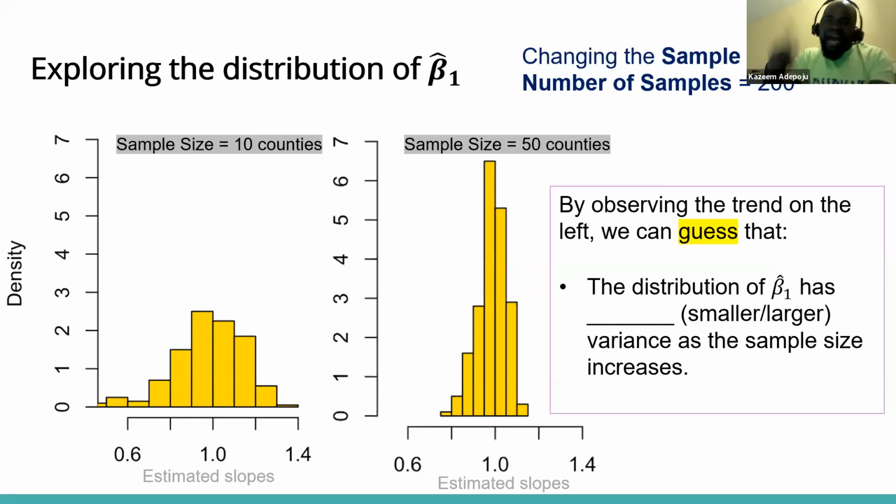Which means I do not need to have thousands of repetitions. I can play around with the sample size. And that's exactly what you're trying to see right here. Can you see that now? When I'm using 10 counties compared to when I use 50 counties, where I go 200 times on each, look at the distribution now.